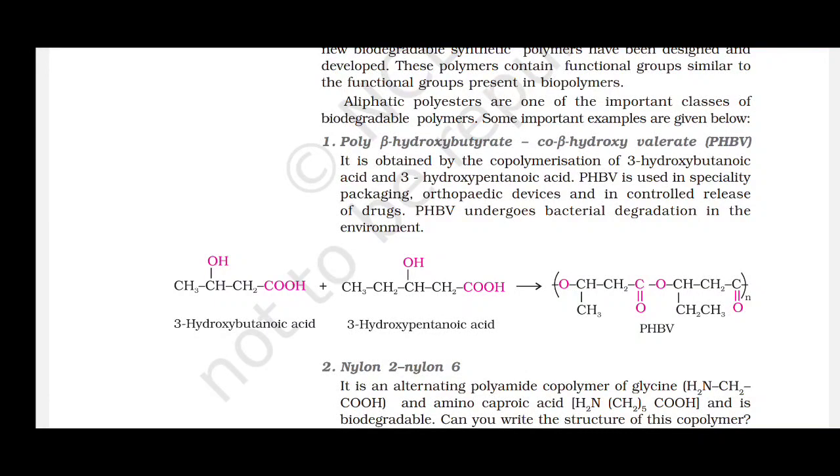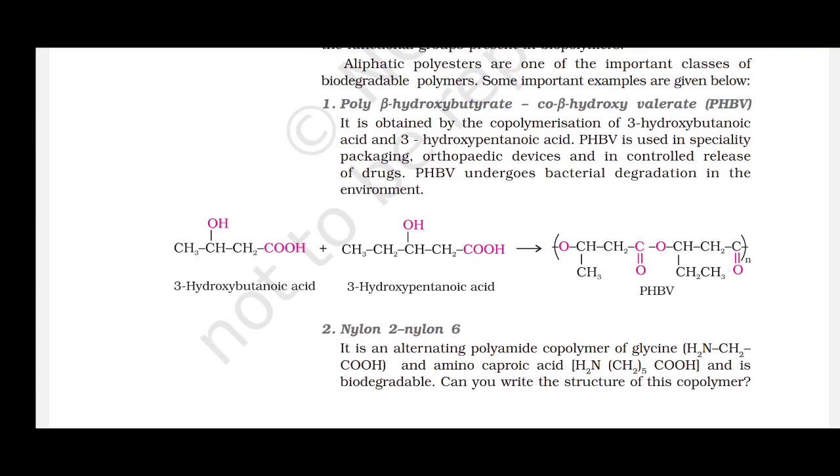It is obtained by the copolymerization of 3-hydroxybutanoic acid and 3-hydroxypentanoic acid. PHBV is used in specialty packaging, orthopedic devices, and in controlled release of drugs. PHBV undergoes bacterial degradation in the environment.